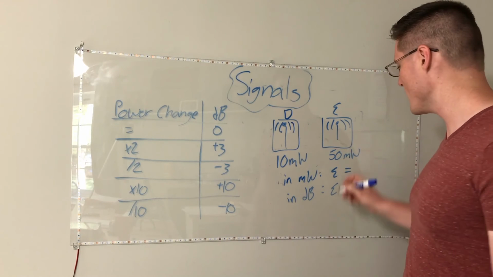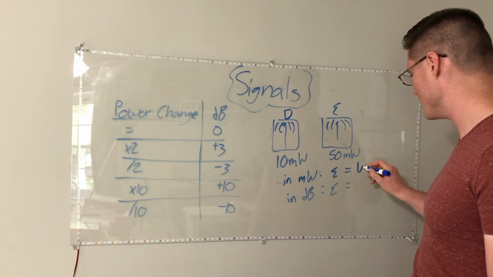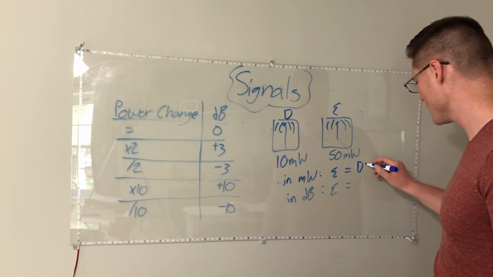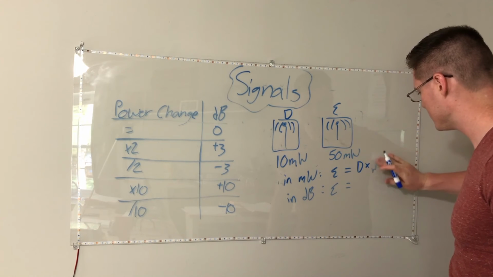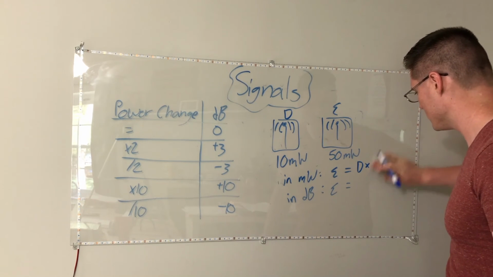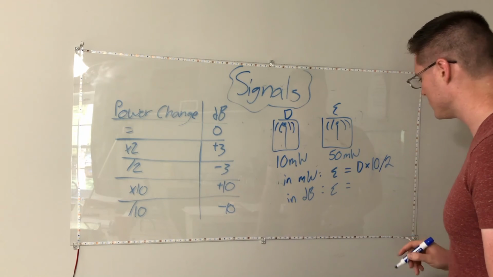That's probably the easiest way to get 50. So you'd use D times 2, times 10 divided by 2.